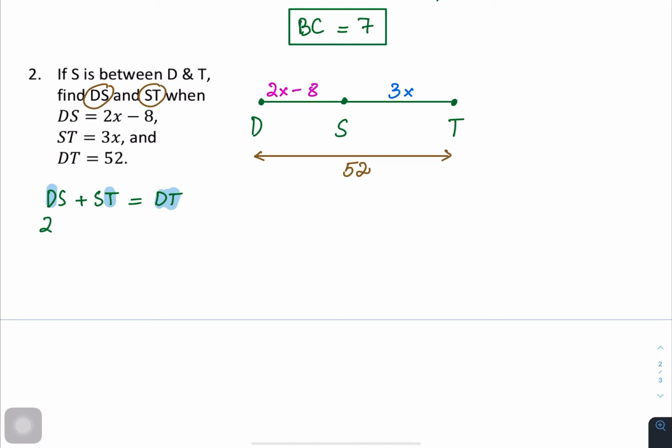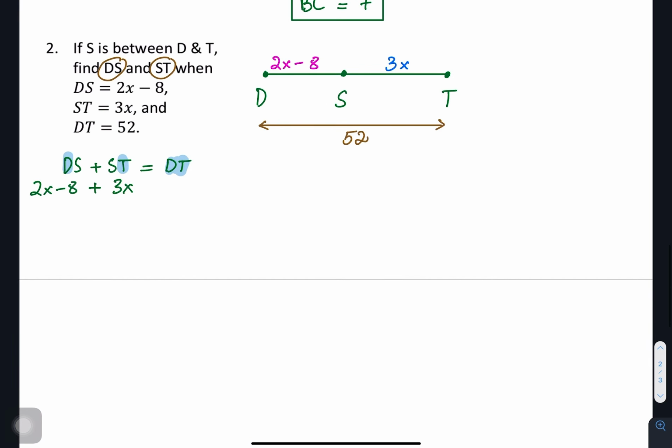DS is 2x minus 8 plus ST is 3x equals DT, and DT is 52. Now, we're going to combine like terms. We cannot combine 2x with a number, but we can combine 2x with 3x. So 2x plus 3x gives me 5x minus 8 equals 52.